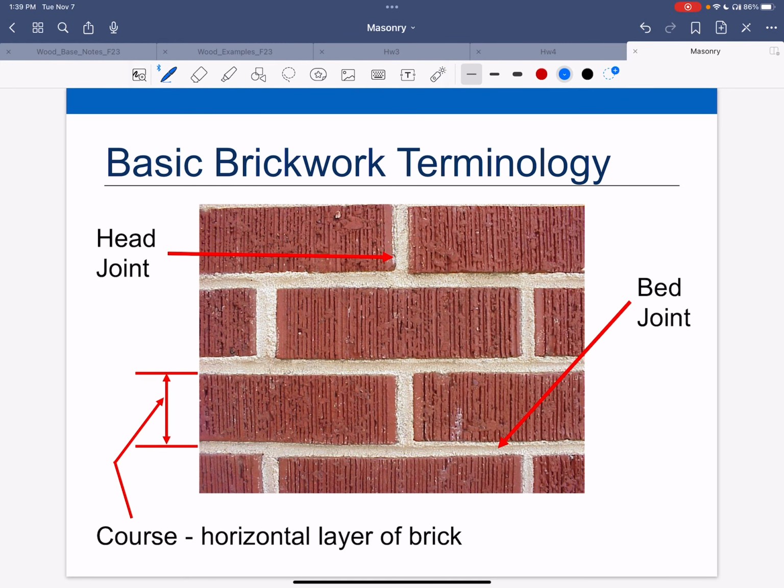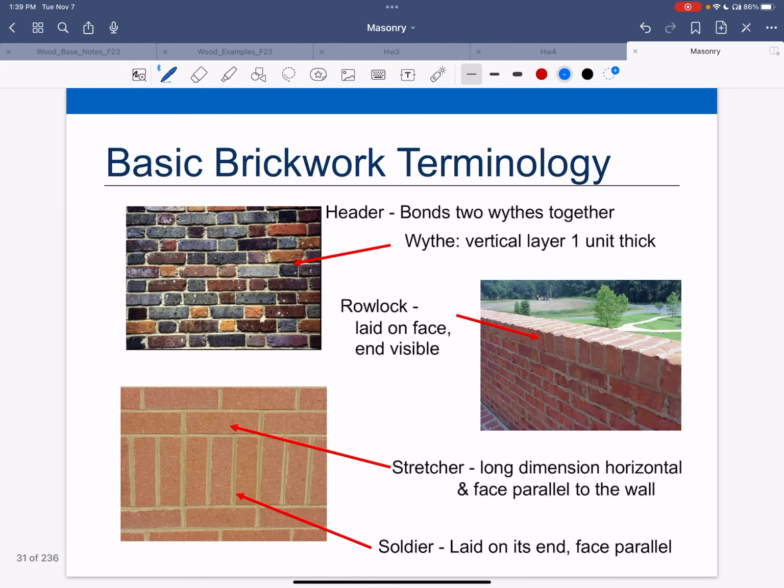So let's talk a little bit about brick terminology, just so you've seen it. We've got the head joint, the bed joint, that's along the length, and a course is a horizontal layer of brick, so a course of brick. A header bonds the withe. So the withe is 1 vertical layer, 1 unit thick. So this is a withe.